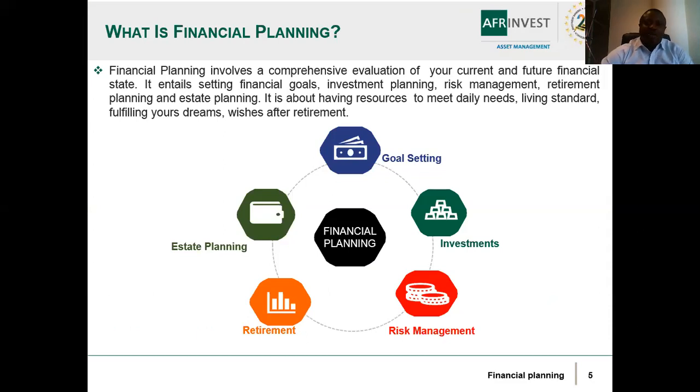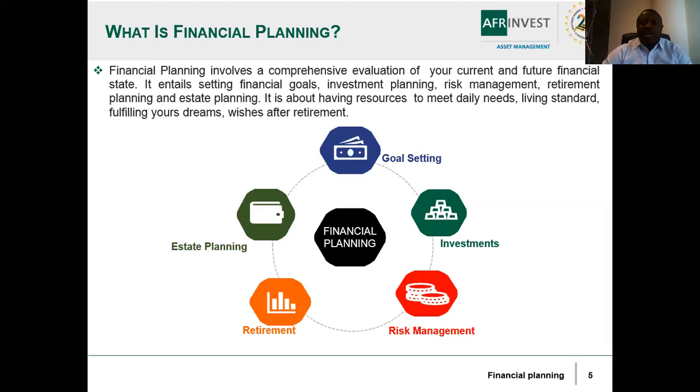If you look at the diagram below, it gives us a clear understanding of what financial planning is. Like I said, it involves financial goal setting, making investments, estate planning, making a retirement plan for yourself, and risk management.